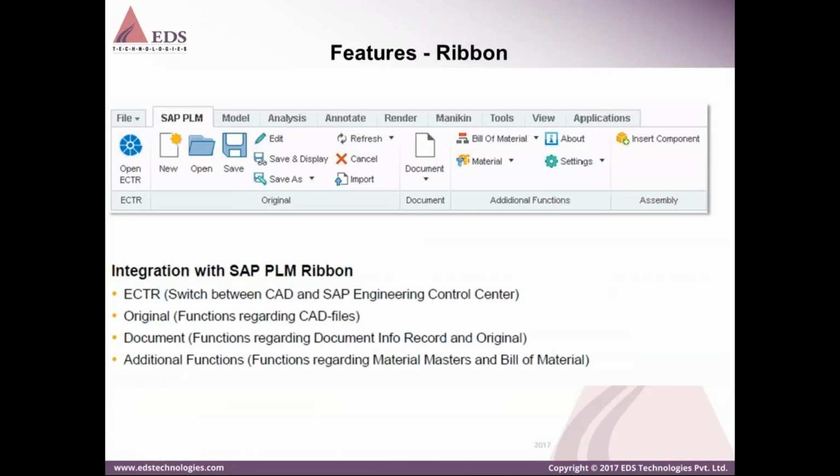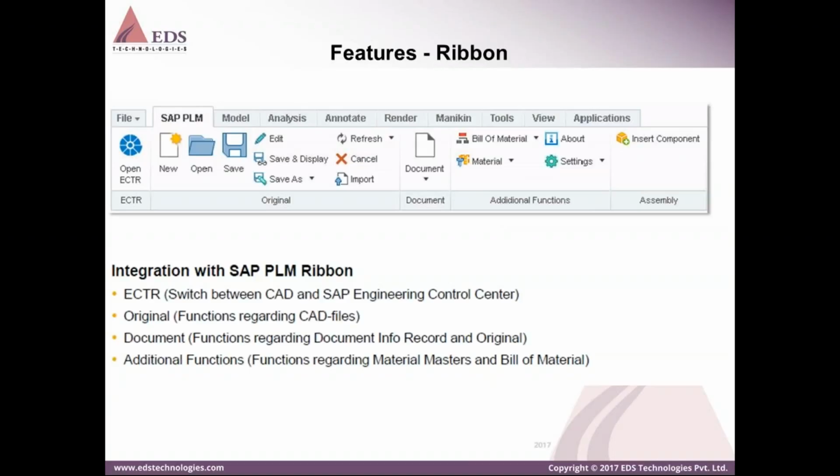This is the menu that you would get, SAP PLM as a menu within your CAD applications after the necessary configurations and integration that we bring. All these individual options will be available right from opening and saving the files, including your document management, the bill of materials, the material management, all in your CAD application itself. Every user will have access to all the SAP related functionalities within his CAD tool.